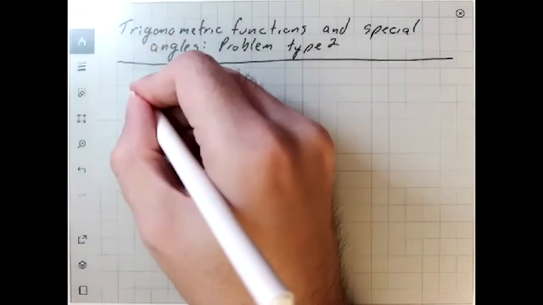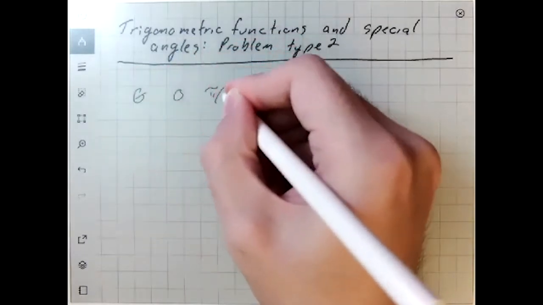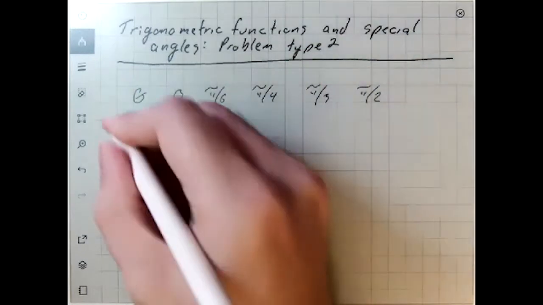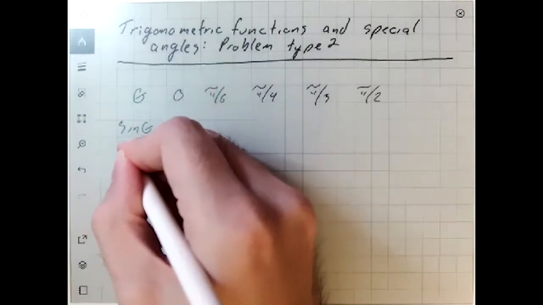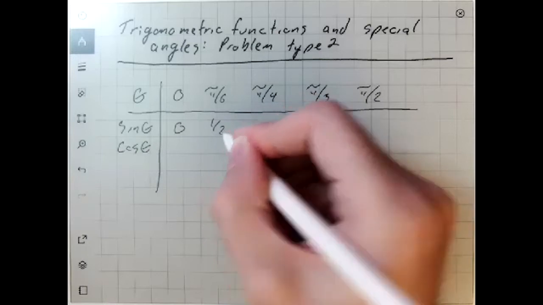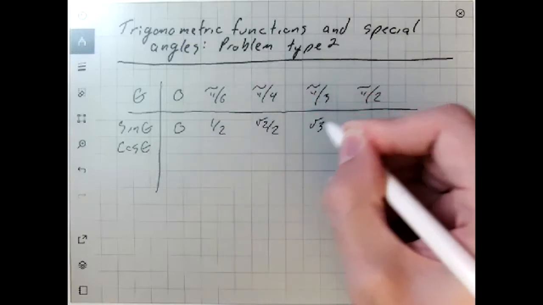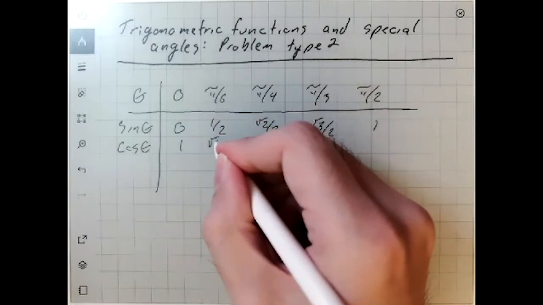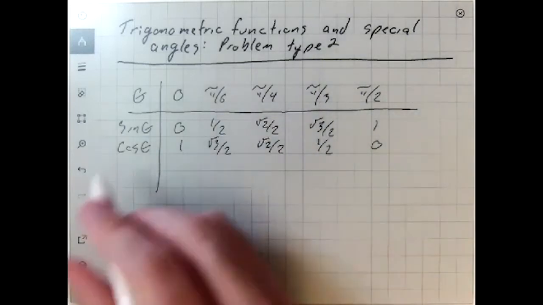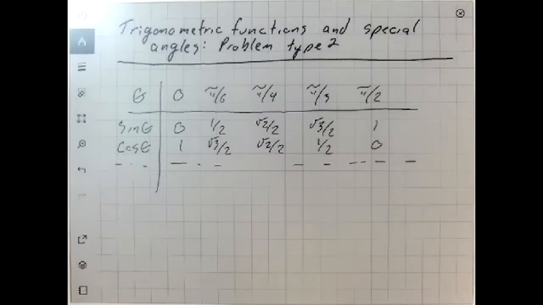Now that we know the values of sine theta and cosine theta for the 5 special angles, we can calculate the values of the other trigonometric functions using the ratio and reciprocal identities.